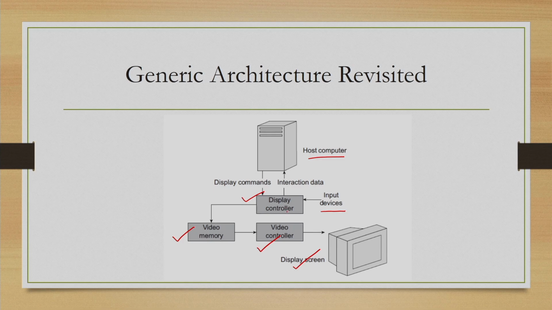The processing unit that is typically part of the display controller is known as the GPU or graphics processing unit. This is separate from the CPU or the main processing unit of a host computer, and the GPU is designed to perform graphical operations.